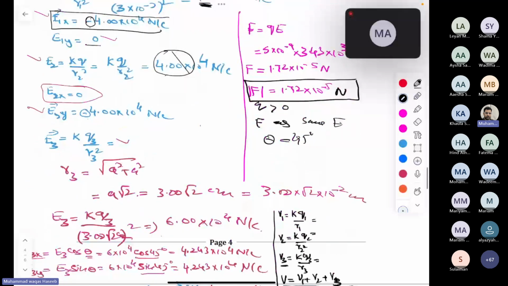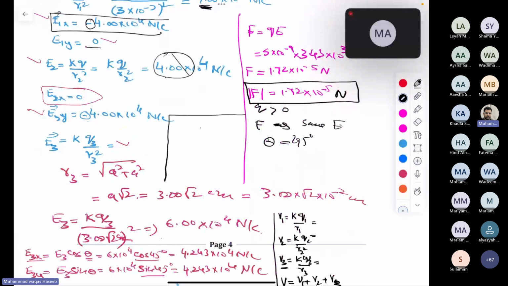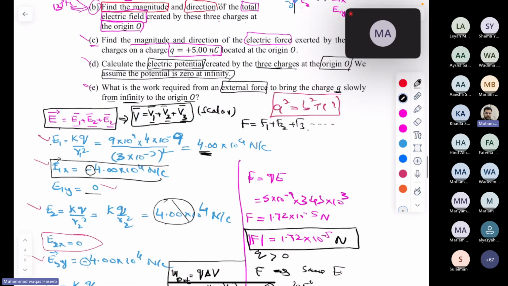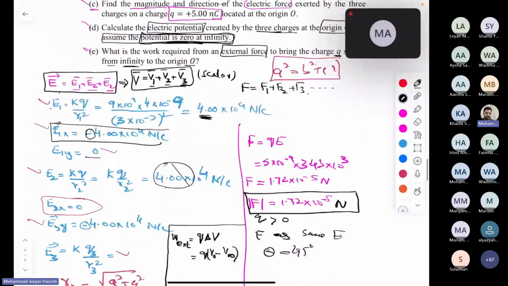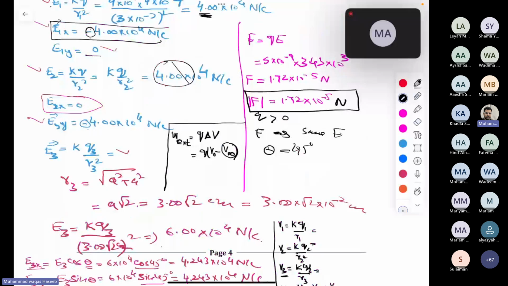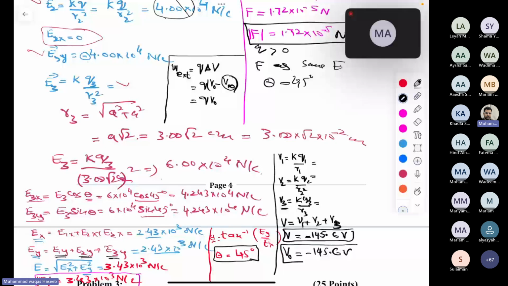So the work of the external force is Q delta V, and delta V is V naught minus V of infinity. We assume that the potential at infinity is zero, so we are left with Q V naught, and we have the value for V naught.